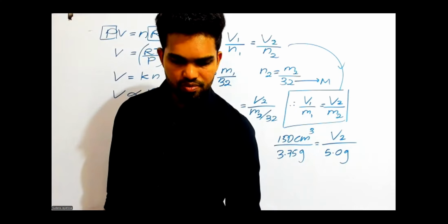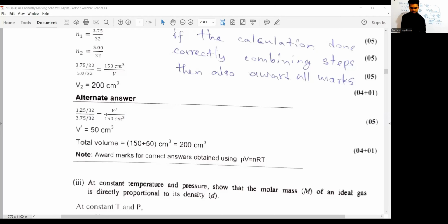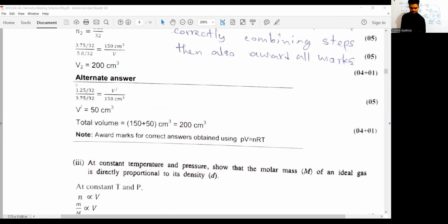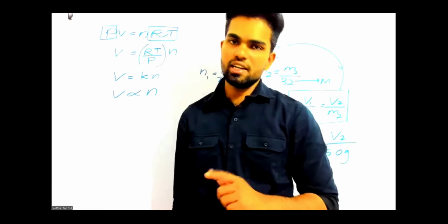Now look at the answer. See, alternative answers are also there. Award marks for a correct answer obtained using PV equal nRT. What that means is, you can do basically any gas law equation using PV equal nRT also.